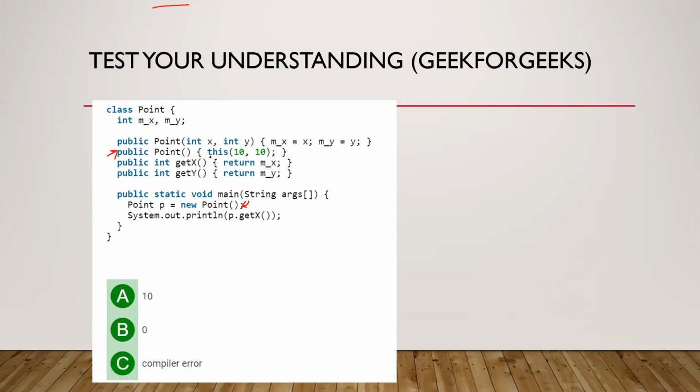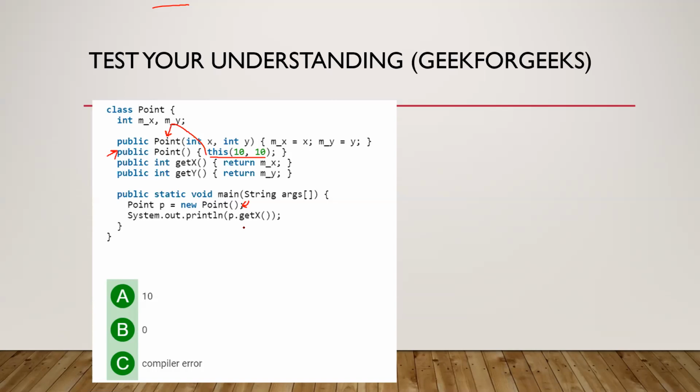So when it does this 10, 10, this is going to be called. This is the trick. This is what you have to pay attention to. And as you are giving it a value of 10, 10, mx and my will have the value 10, 10. So when you do p.getX, naturally 10 will be printed. This tells you how a constructor can call another constructor.